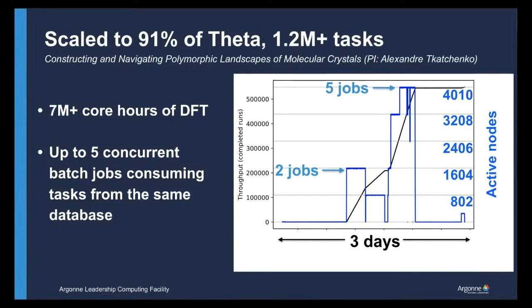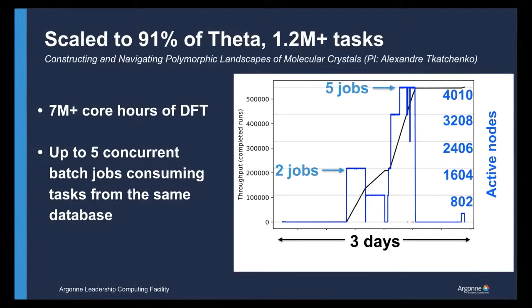So the black curve, which is plotted against the left axis, shows the number of completed jobs over time, and this is for about half of the database. And then the blue curve shows the number of nodes actively consuming jobs at any given time. And so you can see that we have up to 5 jobs at a time, each job using 802 nodes.